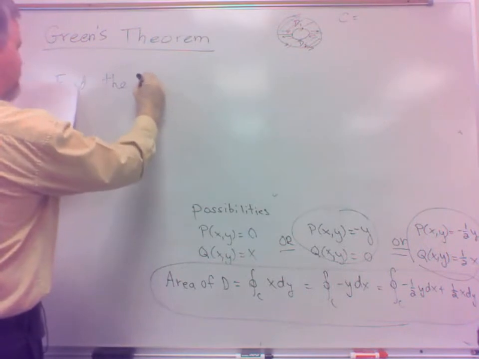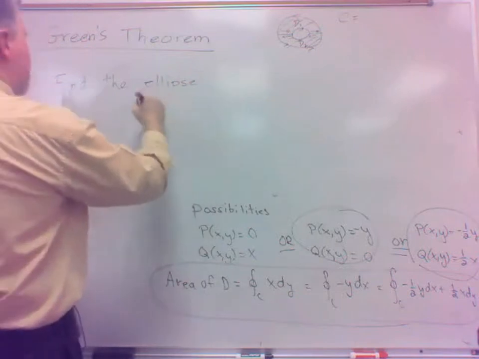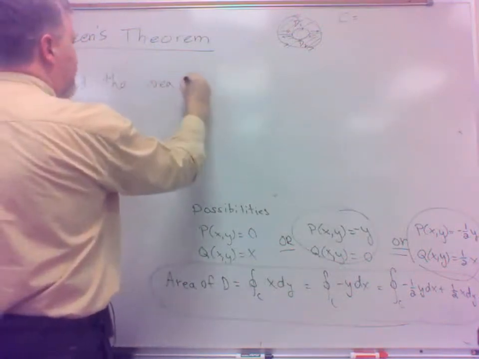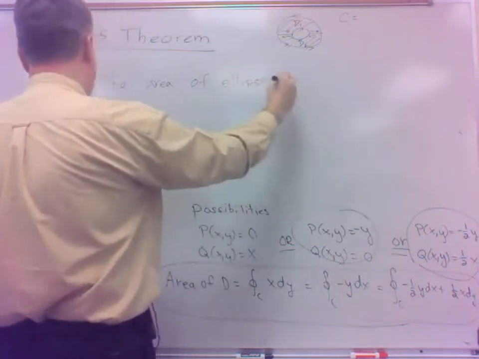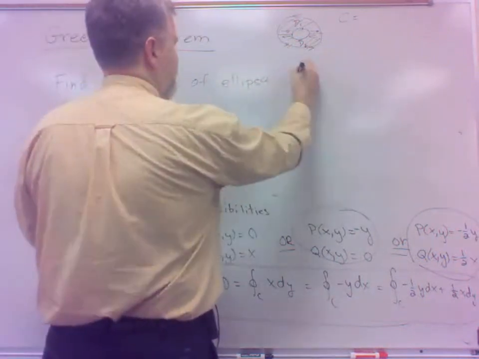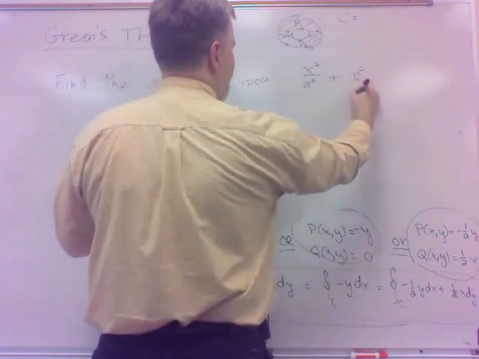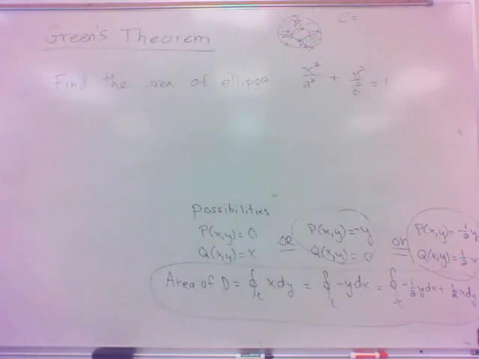No, I think we did the ellipsoid, but anyway. We can use this to find the area of the ellipse in general, x squared over a squared plus y squared over b squared. Well, I'm sure we can do it with Calc 1 stuff, but this provides a nifty, neat little way of doing it.